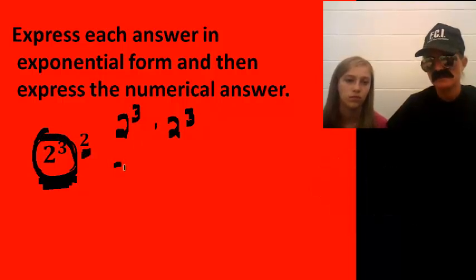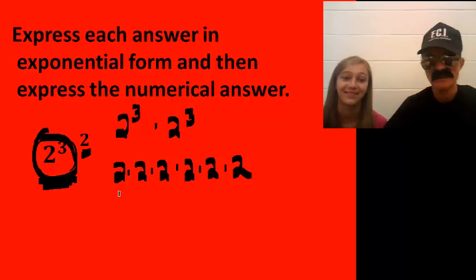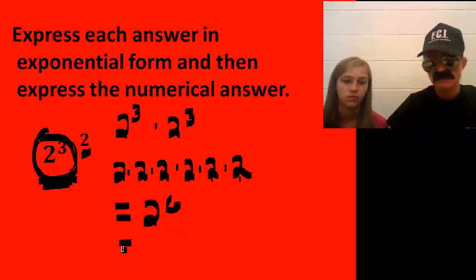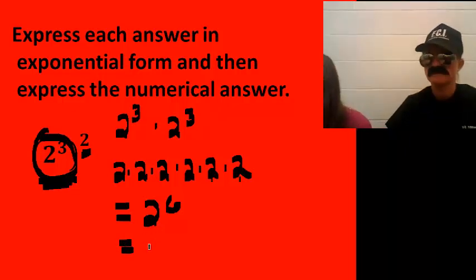To write that out, 2 times 2 times 2 times 2 times 2 times 2. Do you see all this work? We need to find a shortcut quick. Way too much. This is 1, 2, 3, 4, 5, 6 of them. 2 to the 6th. Can you please plug that in your handy dandy calculator, please?